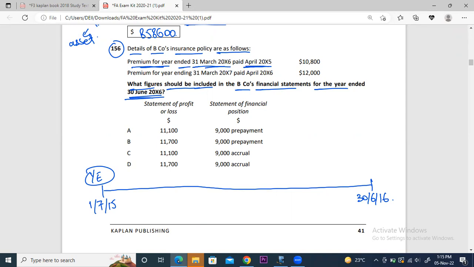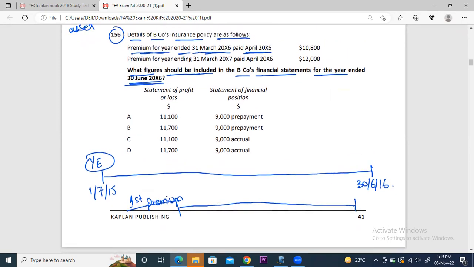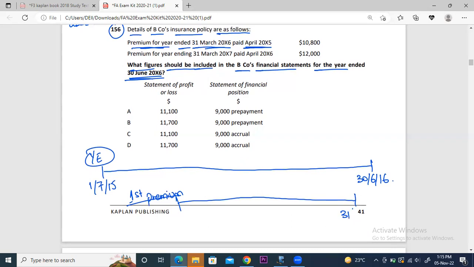Now, you see, premium for the year ended 31st March 16, paid April 15. So that means this first premium, I'm writing over here, first premium, it paid on which dates? Look, this and this. So this is 31st March 16, right? And it started on 1st April 15, right? Now tell me, is this coming in the year end?